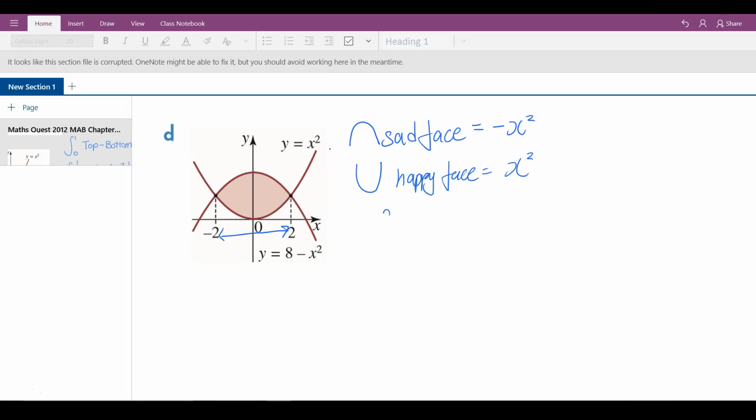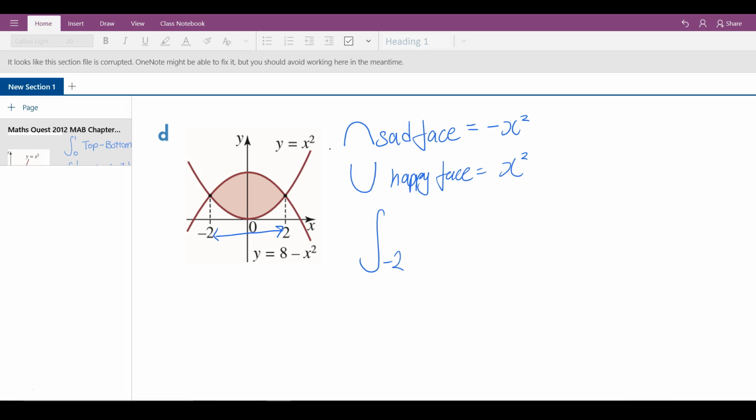So we integrate from -2 to 2, and then top minus bottom, and integrate with respect to x. Alright, so the top one, like I said, is the sad face, and then the bottom one will be the happy face.